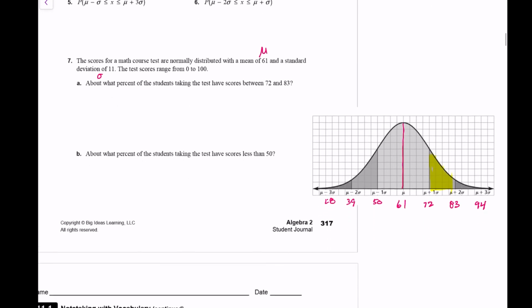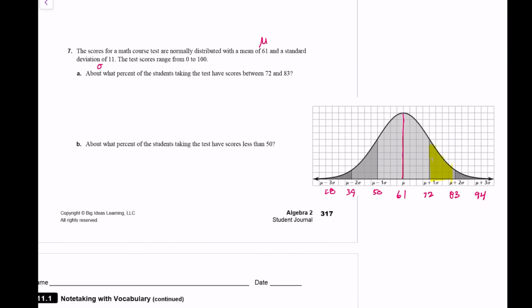So if I go over here to the normal curve that we had, between 61 and 72, that's 34% of the data. Right here in yellow, that's going to be 13.5%. So what percent of the students taking the test have a score between 72 and 83? It's going to be 13.5%, the part highlighted in yellow, between 1 standard deviation and 2 standard deviations.